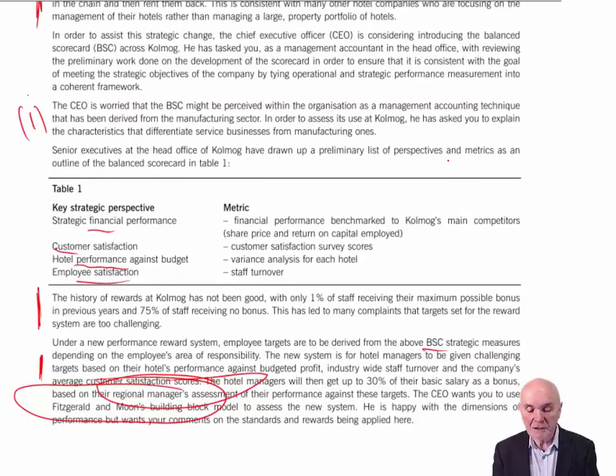For the metric for the financial perspective, they are looking at financial performance benchmarked to Colmog's main competitors, share price and return on capital employed. That's okay as far as it goes, that we're benchmarking with the main competitors, and I think benchmarking is important. But if we're just doing share price and return on capital employed, then maybe we're not doing quite so well.